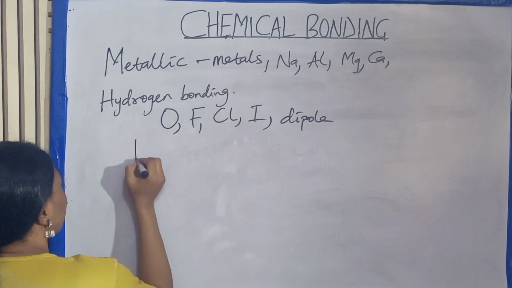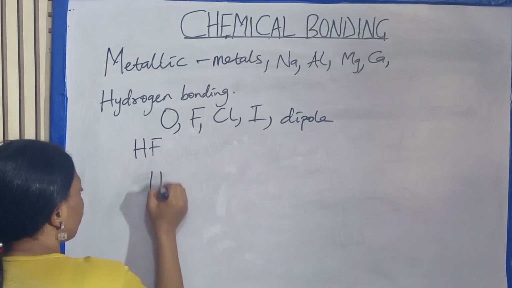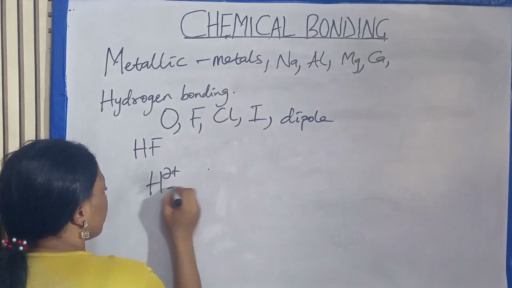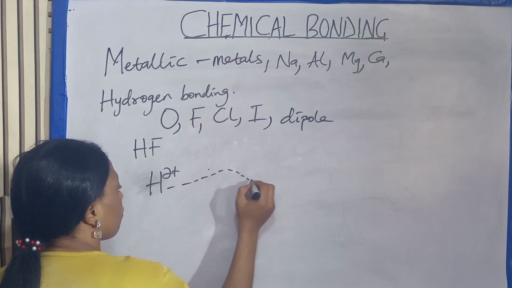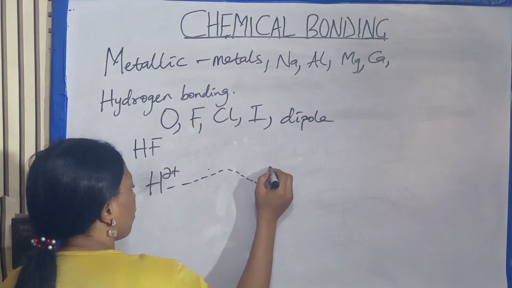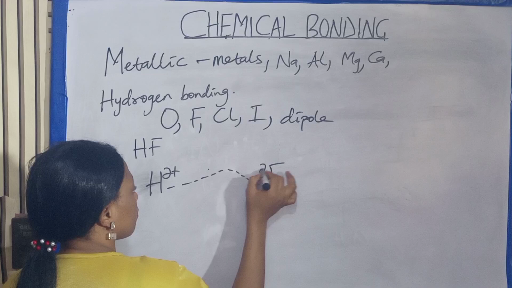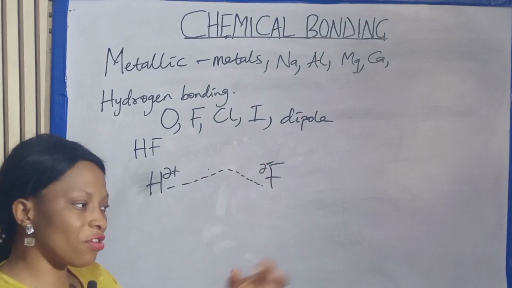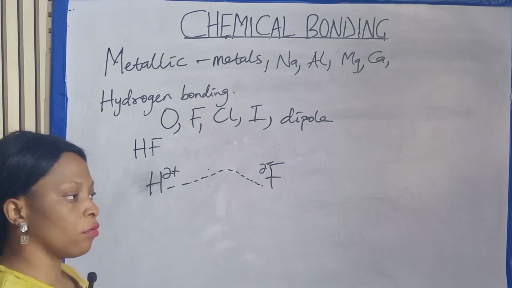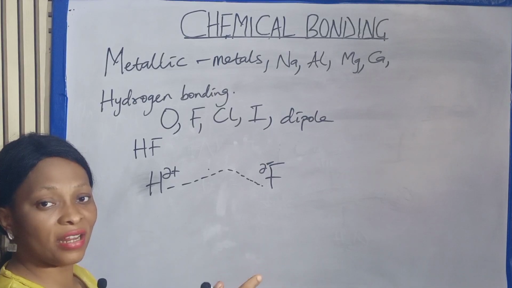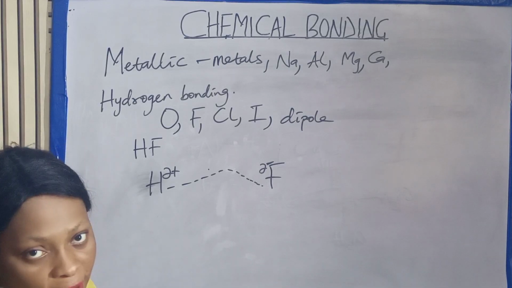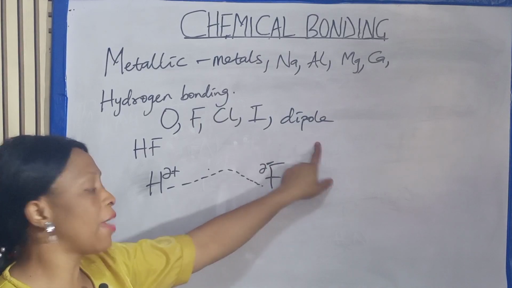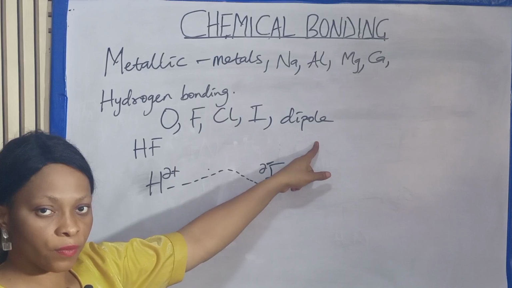An example of hydrogen bonding is hydrogen fluoride. Hydrogen is partially positive and fluorine is partially negative. There is a pull, while hydrogen is drawing, the chlorine or fluorine or the highly electronegative element is also drawing, thereby bringing about a dipole status.